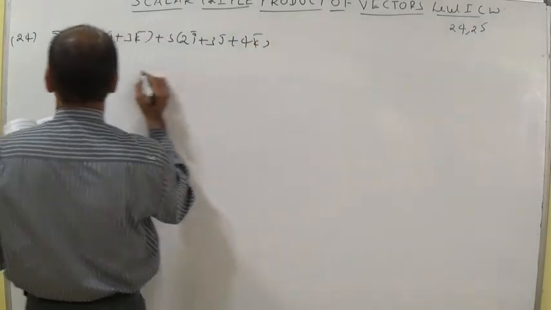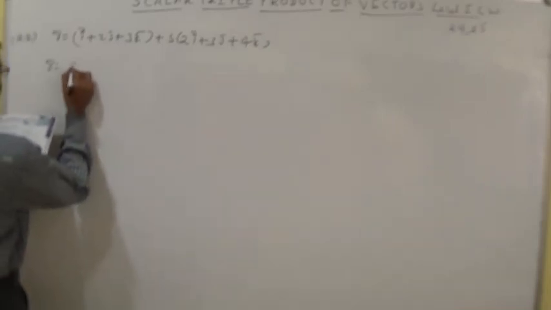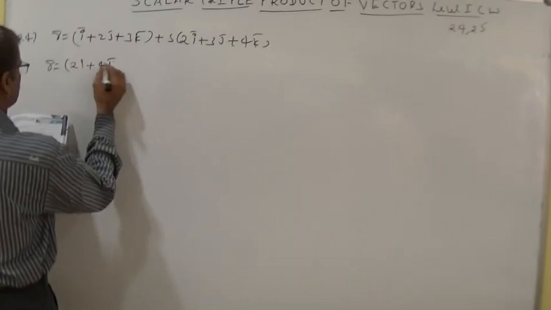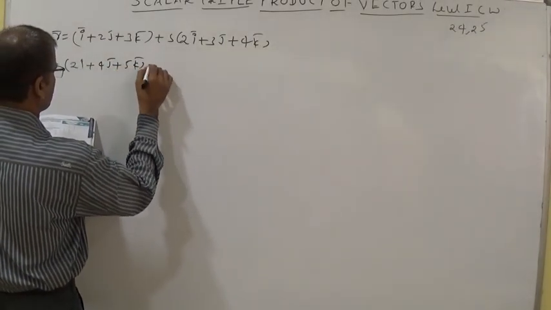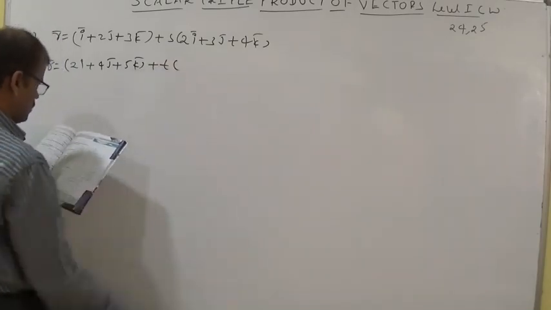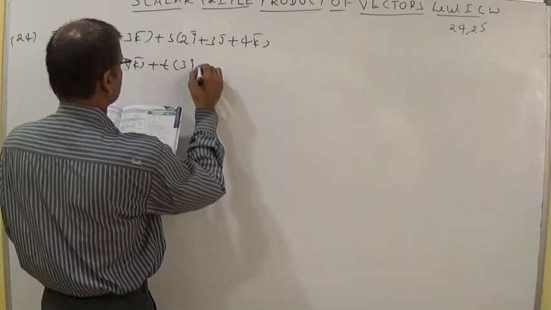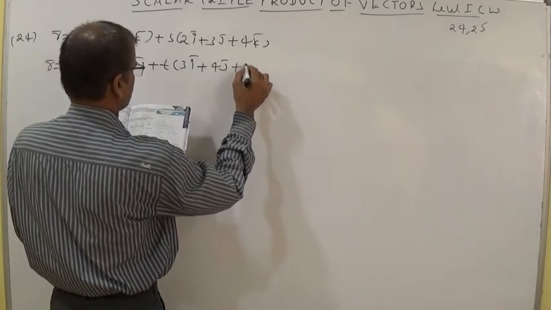This is the first line, L1. R bar is equal to 2i bar plus 4j bar plus 5k bar plus t into 3i bar plus 4j bar plus 5k bar, where t is a scalar.